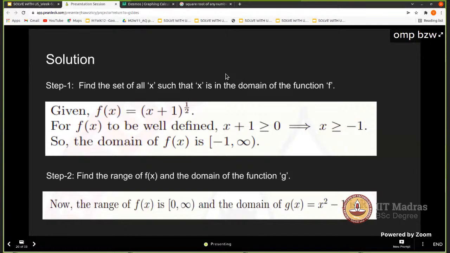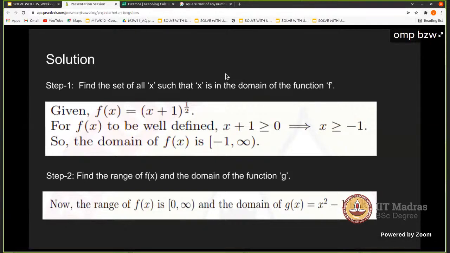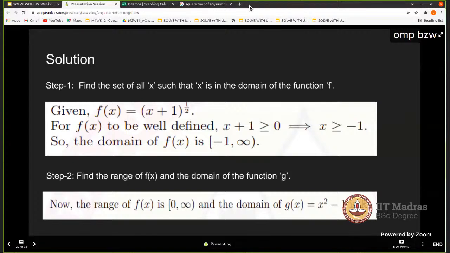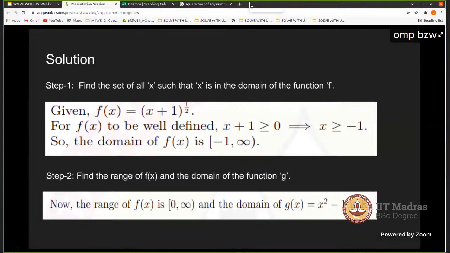If you know inverse functions, do you know inverse functions? Yes, sir. I know that. Right. So if you know inverse functions, this particular function f of x equals root x is the inverse function of g of x equals x square.